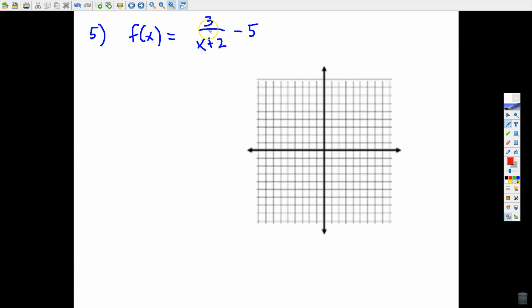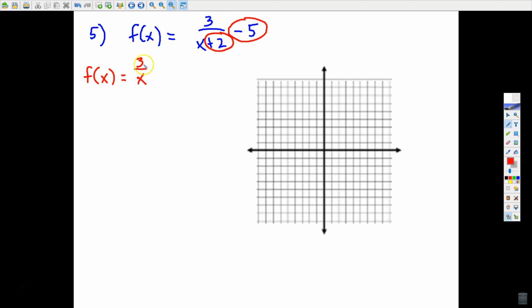This is a graph of what is known as inverse variation. Inverse variation, or your book calls these reciprocal functions, look like this in parent form. This would be the parent, 3 over x, and these numbers indicate a translation of that parent function.